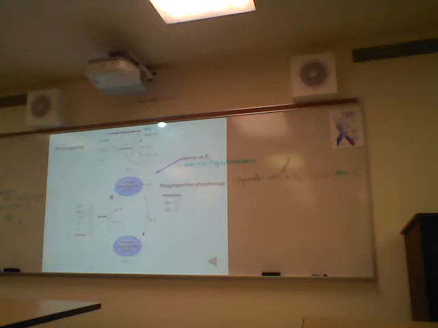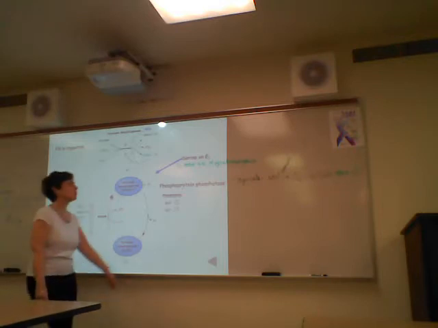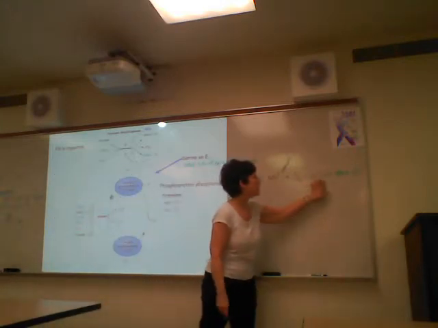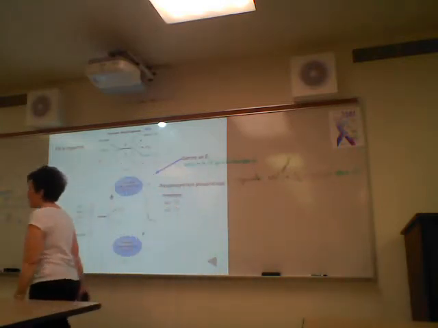So we had to do this whole reaction just to get to do the TCA cycle. So we prepped our pyruvate that came from either glycolysis or the breakdown of amino acids. Now we've made acetyl-CoA, and our acetyl-CoA as a 2-carbon unit can go into the TCA cycle.